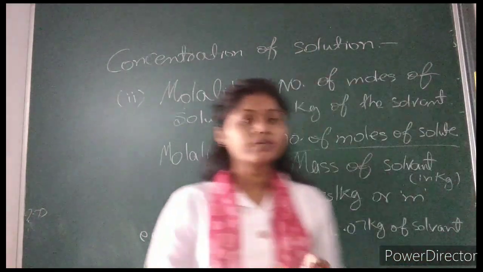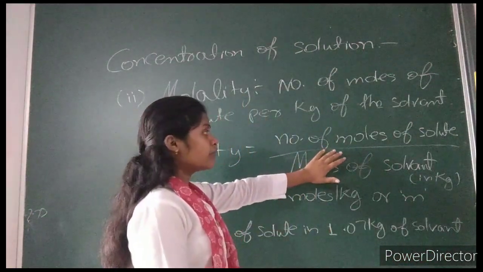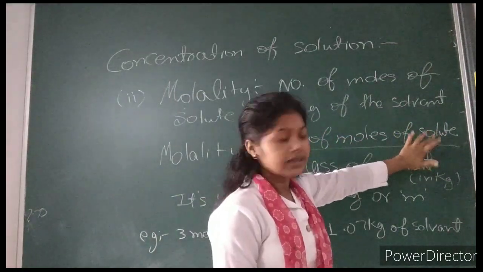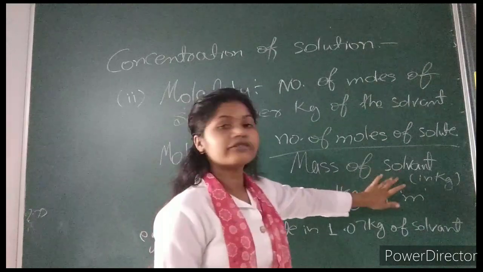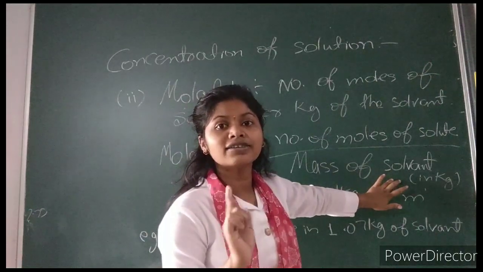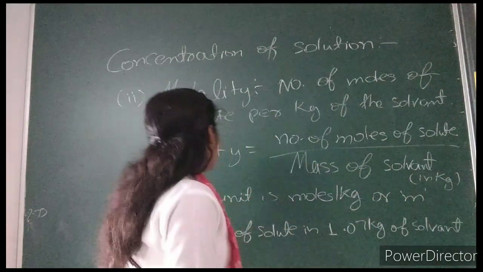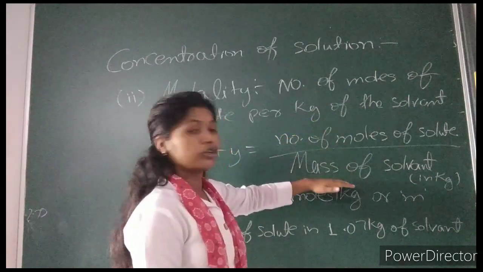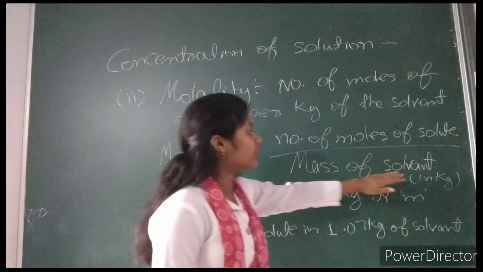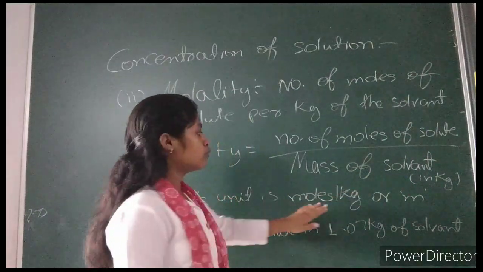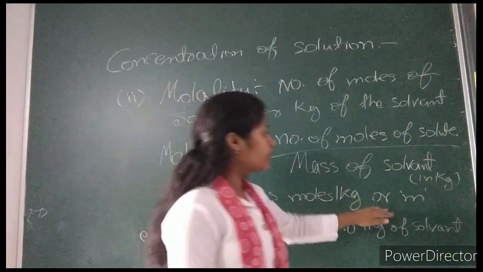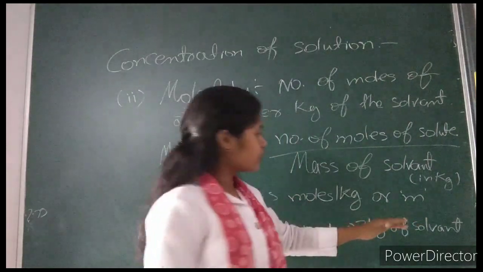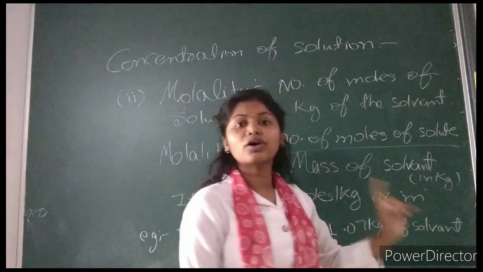Here we need to keep in mind that moles of solute we take in the numerator, and in the denominator we take mass of the solvent, not of the solution. Its unit is moles per kg, abbreviated with small m. Remember the molarity was with capital M, while molality is with small m.